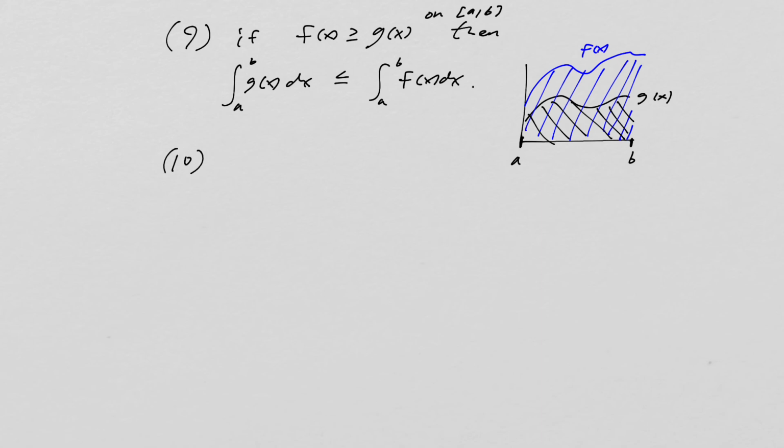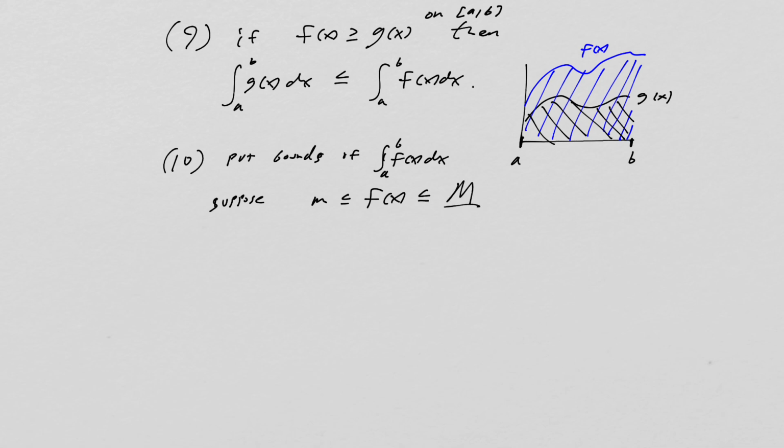10. Let's go to yet another important property. The goal here is to put bounds on the integral of f of x dx over a to b. To do that, suppose we know that little m is some number that's less than or equal to f of x, and there's another number, big M, that's greater than or equal to f of x on a to b.